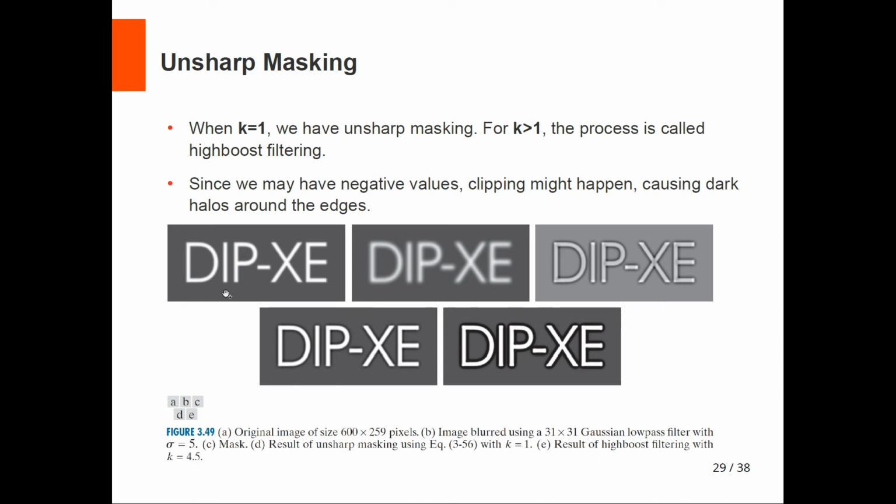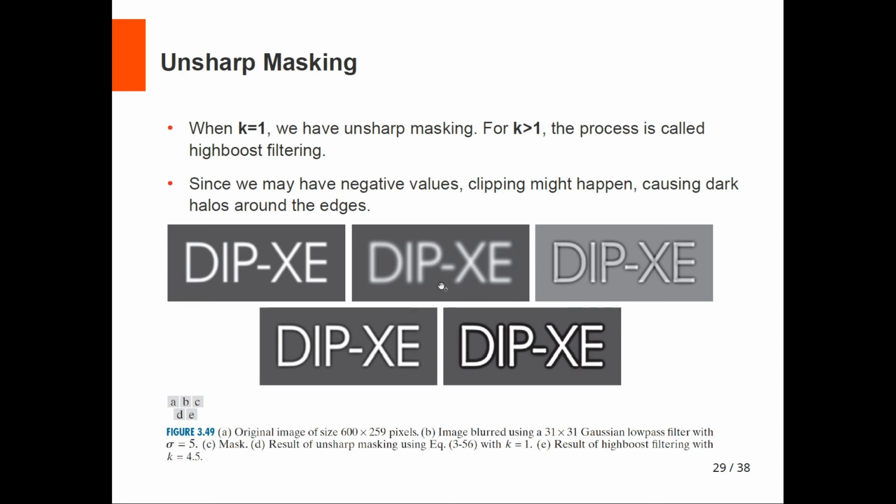So here we have an original image of size 600 by 259 pixels, which is blurred in general. To sharpen this, we use image blurring using a 31 by 31 Gaussian low pass filter with a sigma of 5, and this is the blurred version of the original image that we get.